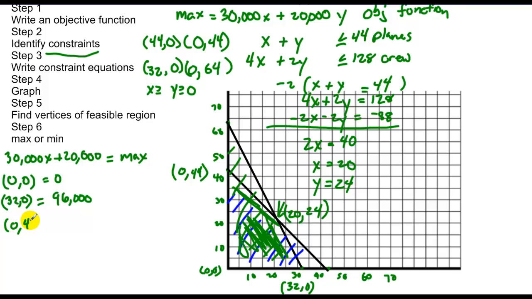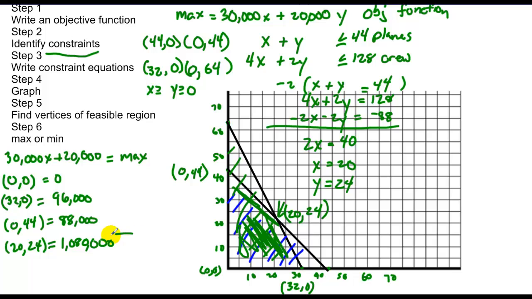0.44 gets me 88,000. And then 2024 gets me 1,080,000.